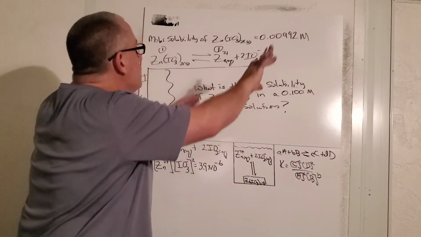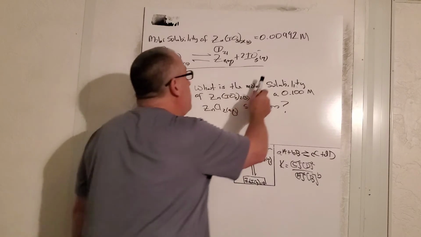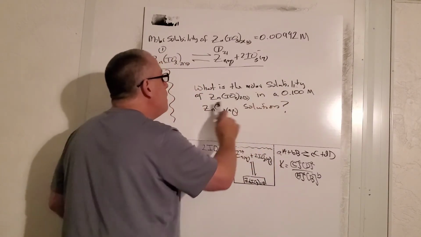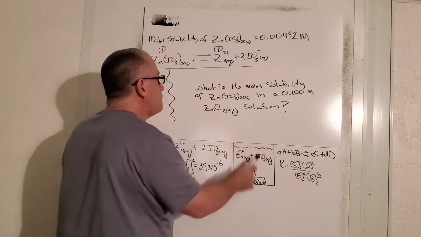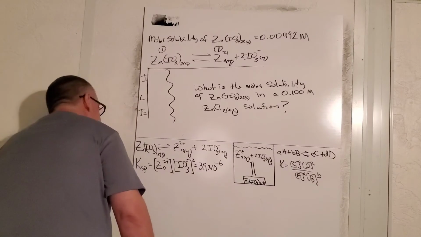Okay, well, this right here is the molar solubility of zinc iodate in pure water. But what about in a 0.1 molar zinc chloride solution?